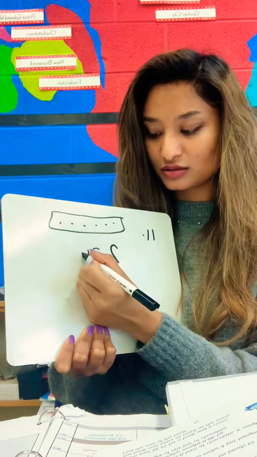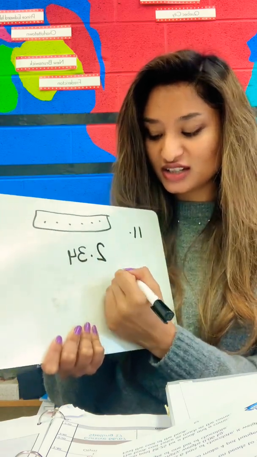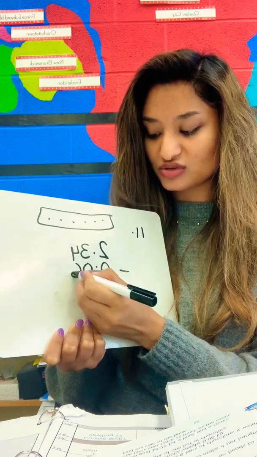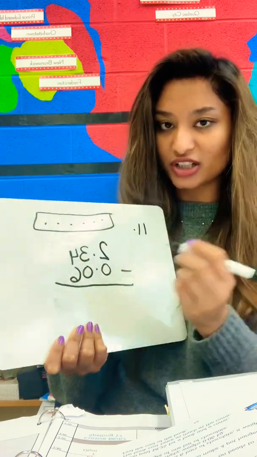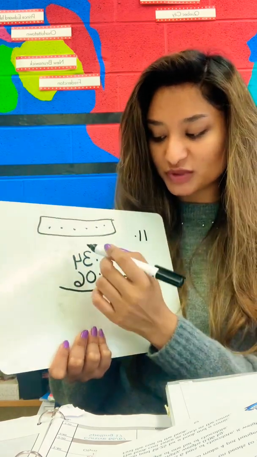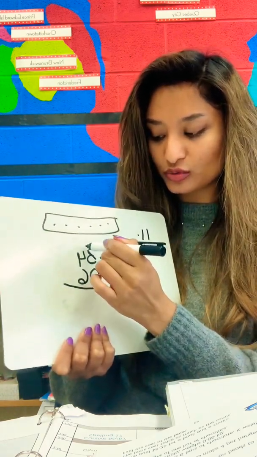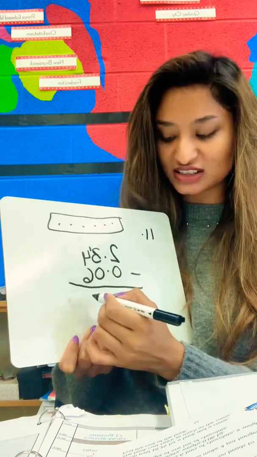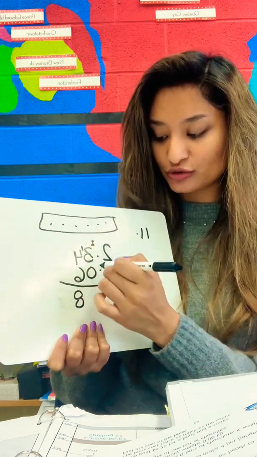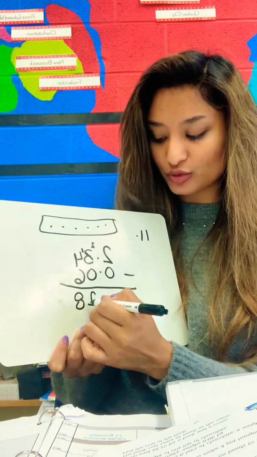2.34 kg, subtract 0.06. That's my first step. So I would have to borrow, 14 take away 6 gives me 8. I'm left with 2 here. So 2 take away 0 is 2.